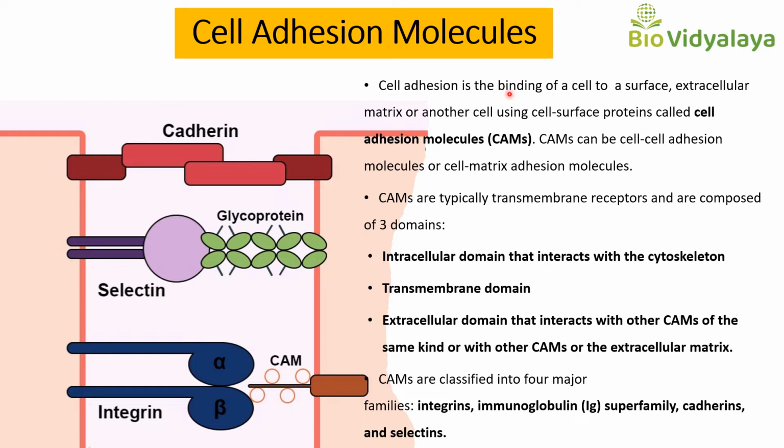So, cell adhesion is the binding of a cell to a surface, extracellular matrix or another cell using cell surface proteins called cell adhesion molecules, CAMs. Extracellular matrix is the network of proteins and other molecules that surrounds the cell and gives support and structure to the cell.